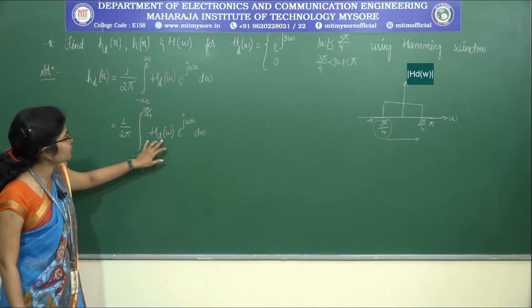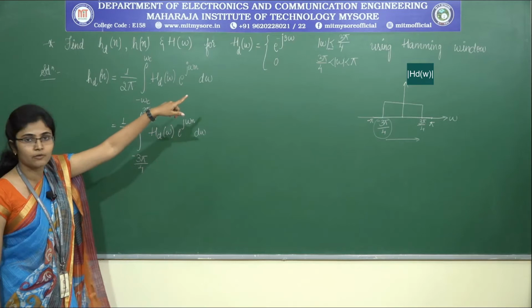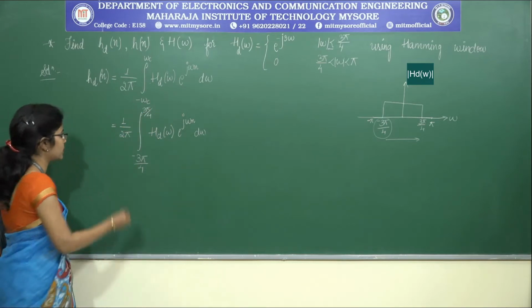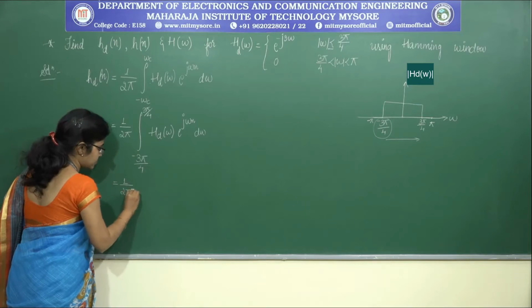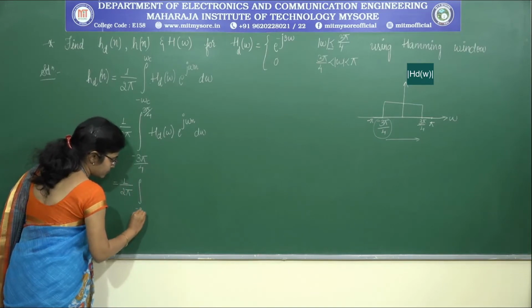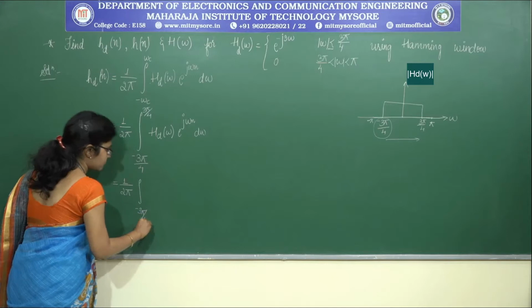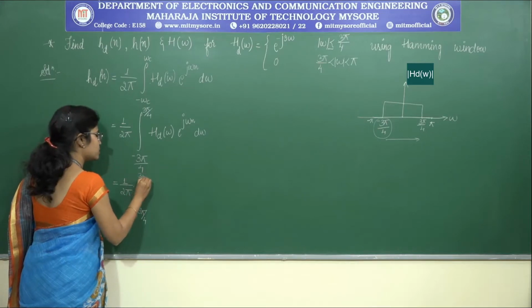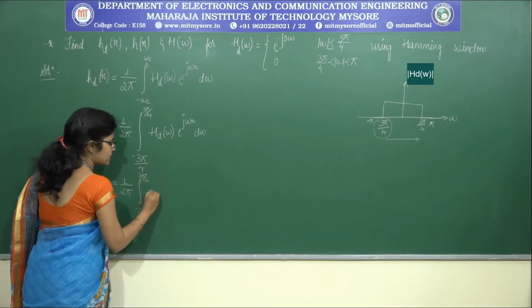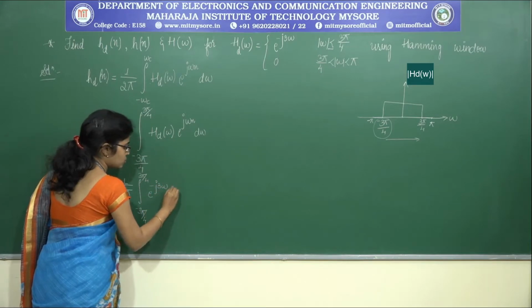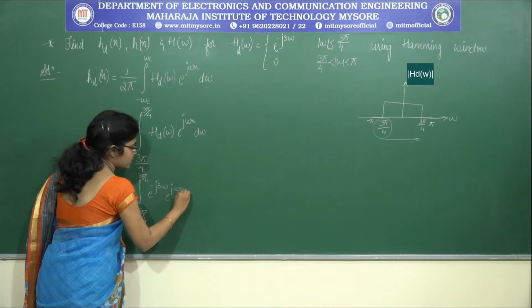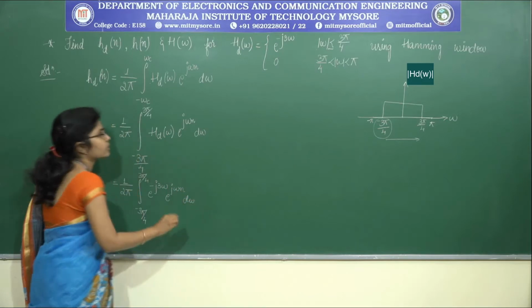Hd of omega in this interval is e power minus j3 omega. Substituting that, 1 by 2 pi integral from minus 3 pi by 4 to plus 3 pi by 4 e power minus j 3 omega into e power j omega n d omega.